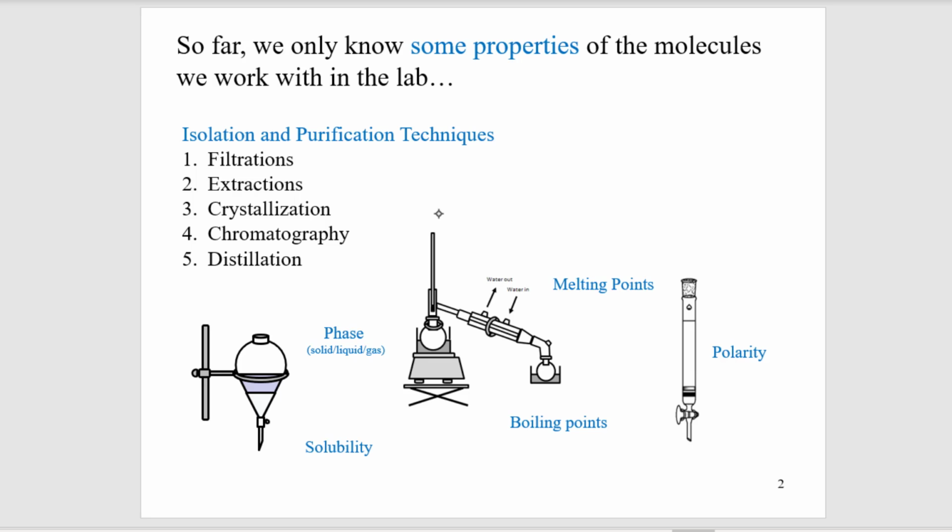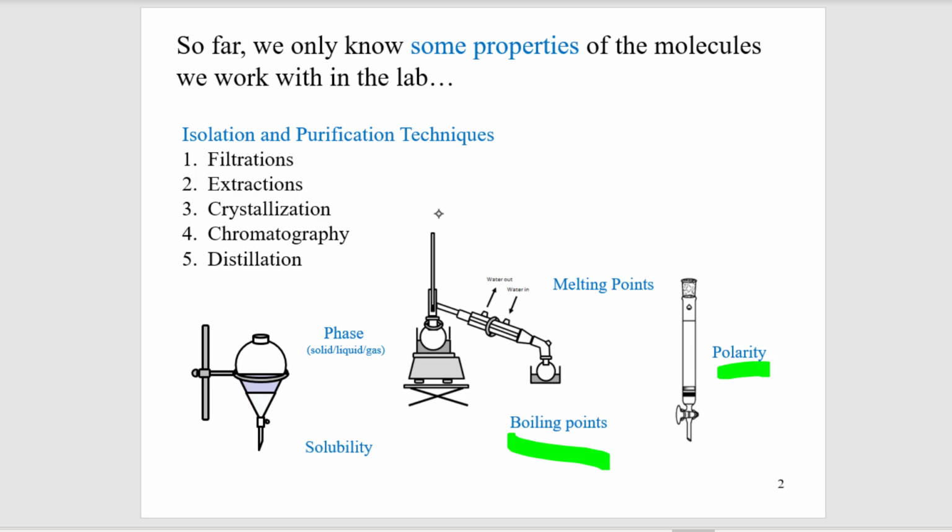Everything else has been largely purposed for purification, which, as I mentioned, is important in order to use for identification purposes. We've used TLC and column chromatography, and we've used the properties of the molecules, namely polarity in those cases, to understand how and expect which ones are going to come off the column first or hang behind based on polarity. You can use distillation, and this uses the properties of boiling points to separate molecules.